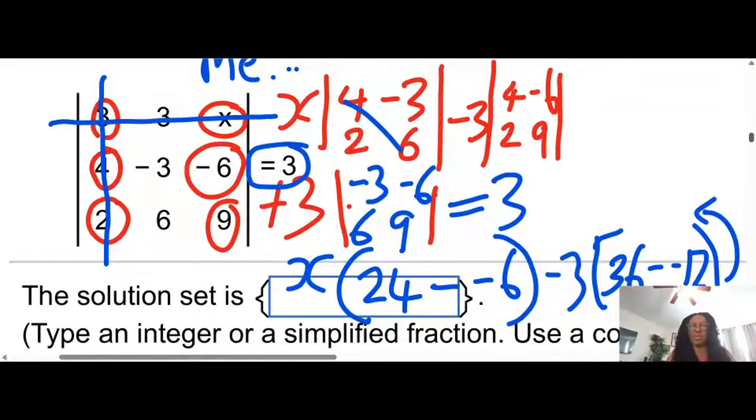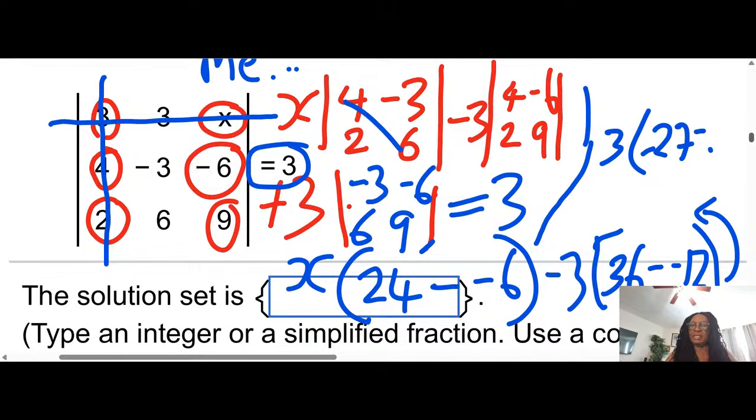Okay, so then the last one is 3 multiply. See, this is 3 here, so 3 parentheses, evaluate this determinant. Negative 3 multiply 9 is negative 27, minus minus 36.